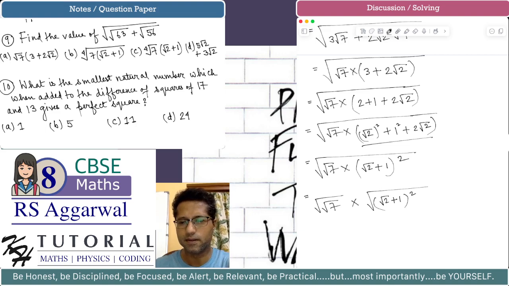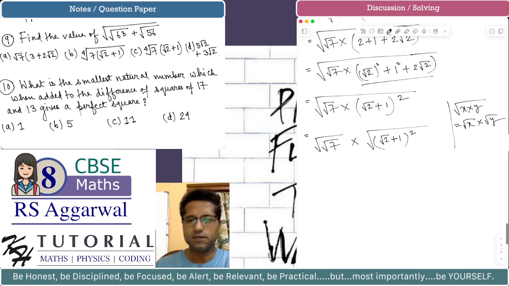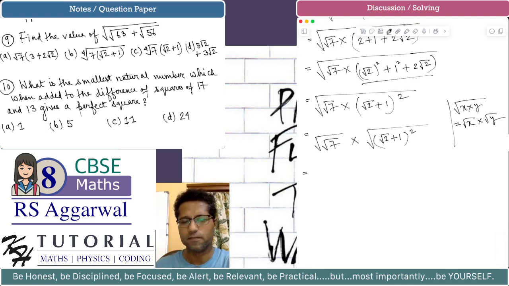We just applied the fact that square root of x multiplied by y is equal to square root of x multiplied by square root of y. Now what is square root of 7? You must know that square root of x means x to the power half.